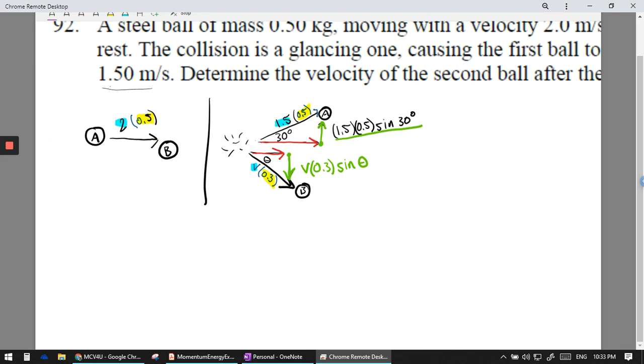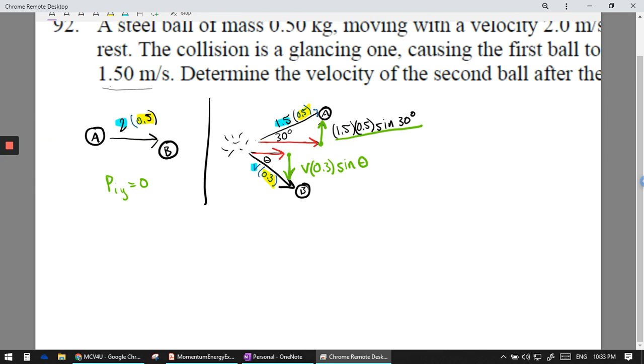Shoot. But remember what we said earlier. We said that this green vector and that green vector should be the same because there's zero momentum in the y direction. So the initial momentum in y is 0, and therefore the final momentum in y should be 0 as well.